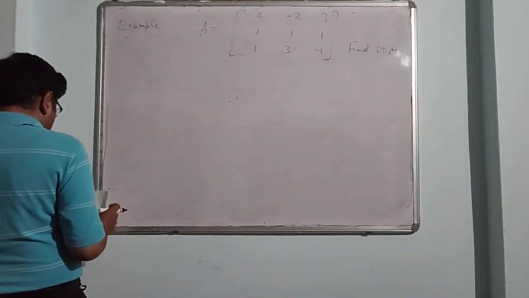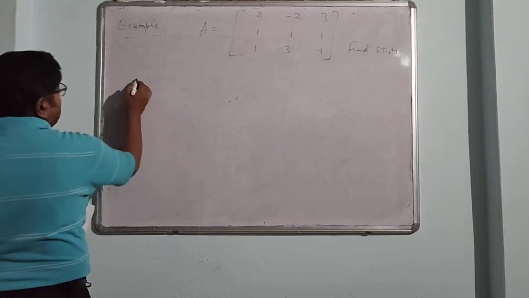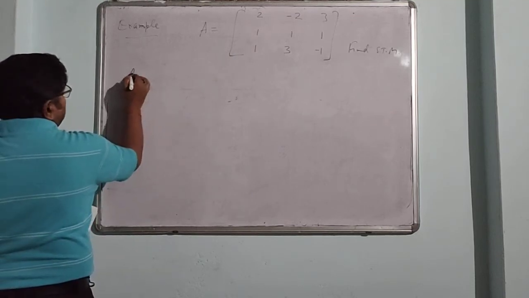So rule is very simple. Calculate all terms. First required terms are A square.